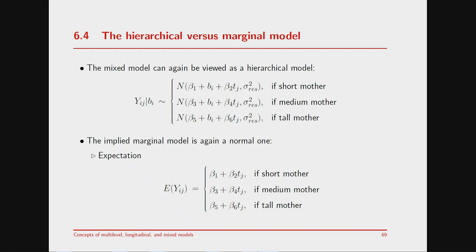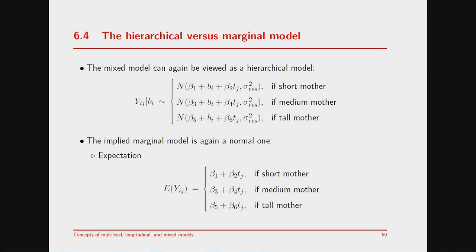And again, we can do the same kind of calculations as what we did last week. We can look at the hierarchical model and we can look at the marginal model. We do that to understand what the variance structure is that we're implicitly assuming for this data set, and what the correlation or covariance structure is that we're assuming. The calculations are exactly the same as last week. So the hierarchical model is the following. Given your random effect, so if you pick a child with a particular b_i effect, what is then the distribution for the observations of that child?